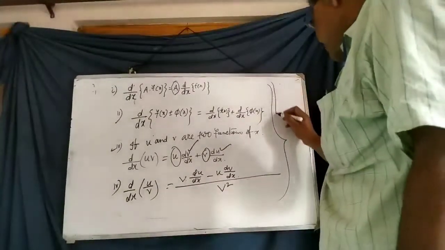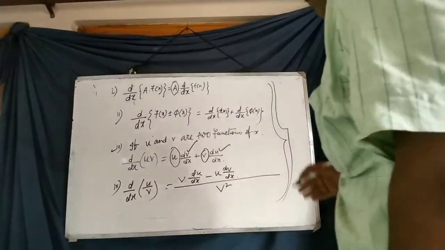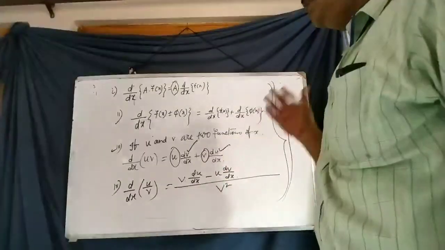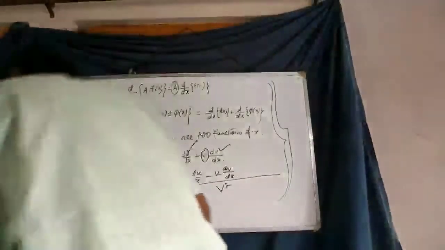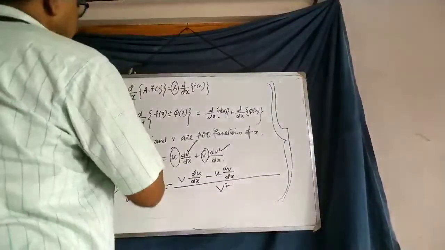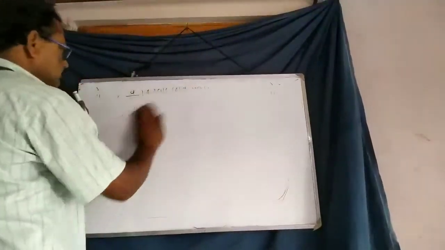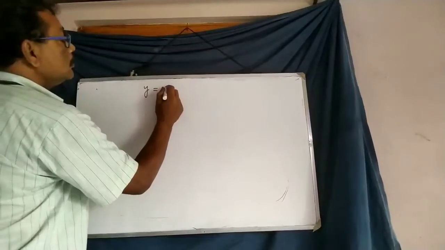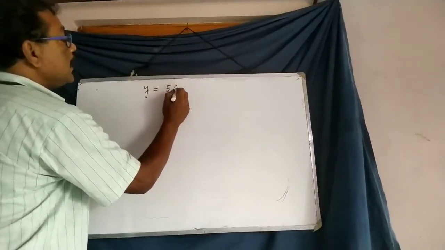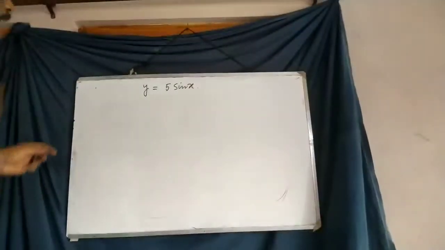Now we will be proceeding with the sums to apply these 4 rules. Here, let us consider a function y is equal to 5 sin x.